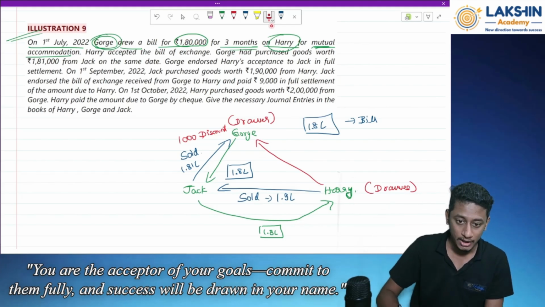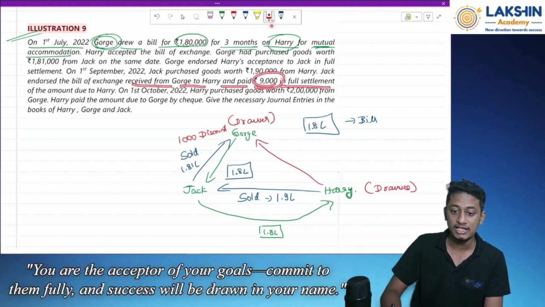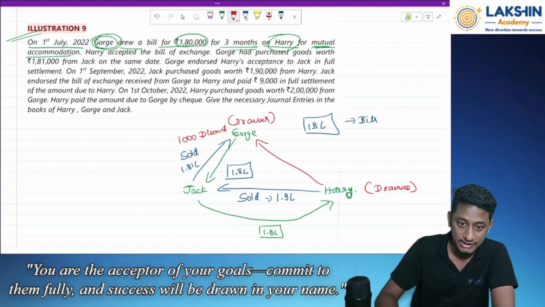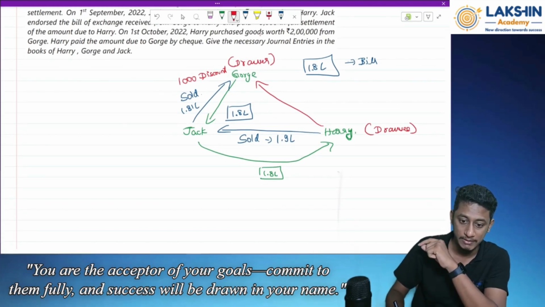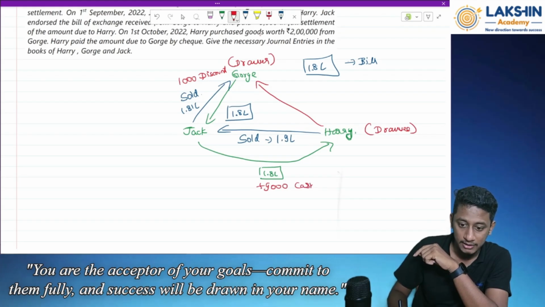Then to Harry and paid 9,000 in full settlement. So what Jack has done is, 1.8 lakh rupees bill plus 9,000 rupees in cash or bank he has paid him.